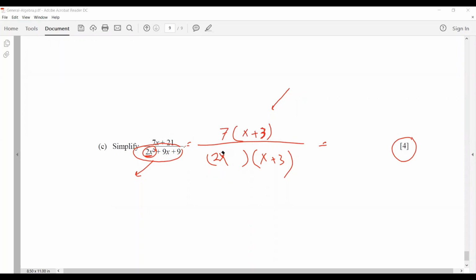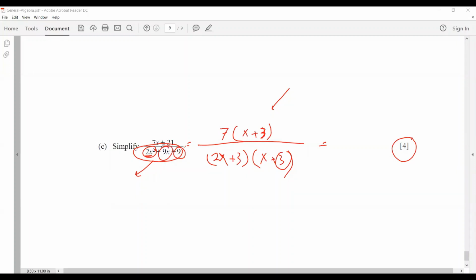So finding the first term is not an issue. As a matter of fact, finding the second term is not a hassle either, because take a look at the constant. How can you get a constant when you multiply this constant by this constant, right? And that's a positive 9. So we have a positive 3 here. The only way I can get that 9 back is when I multiply this by positive 3.